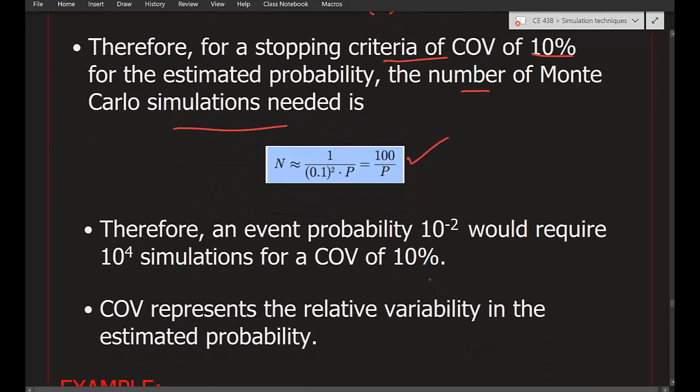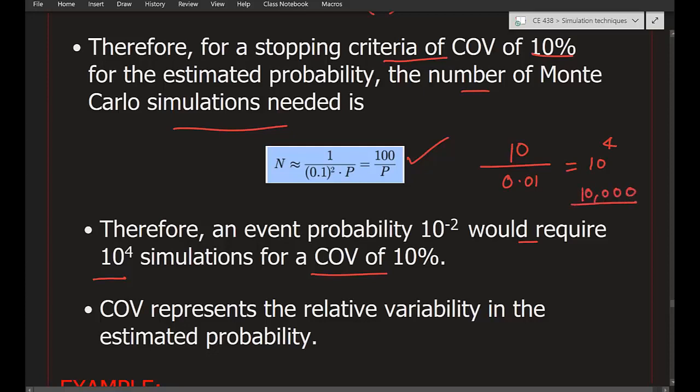So an event of 10 to the power minus 2, that is a probability of 0.01, would require 10 to the power 4 simulations for a coefficient of variation of 10%. This means I need 10,000 samples in this case.